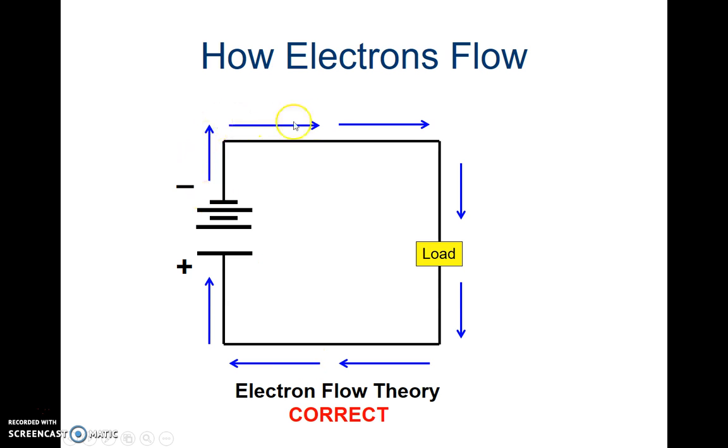Okay? This is also the reason that diodes only work one direction, is because of electron flow theory. Okay? So, once again, make sure you took good notes. If you missed anything, pause and go back. Get it. These will be things we'll need to know for the test. They're also things we need to know for the activities, which will be graded. So make sure you have good notes. If you have any questions, please let me know.